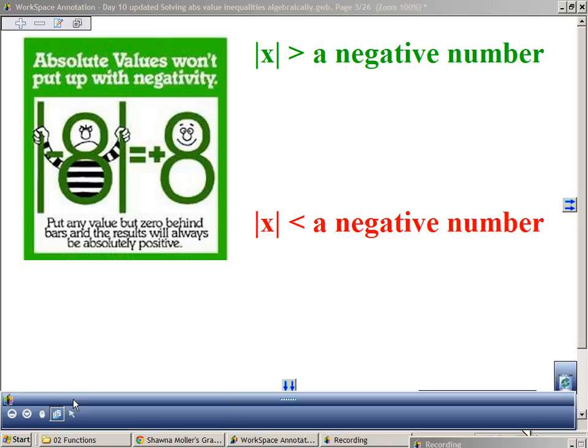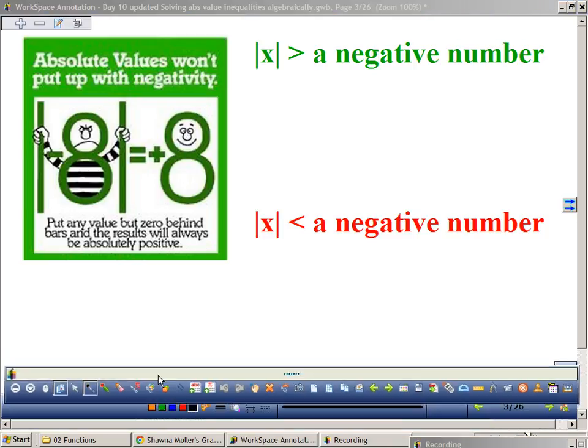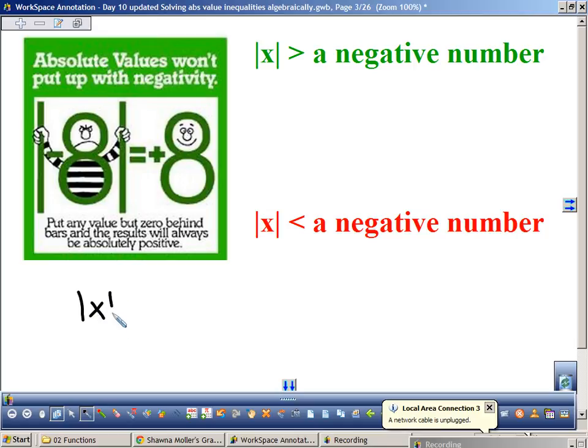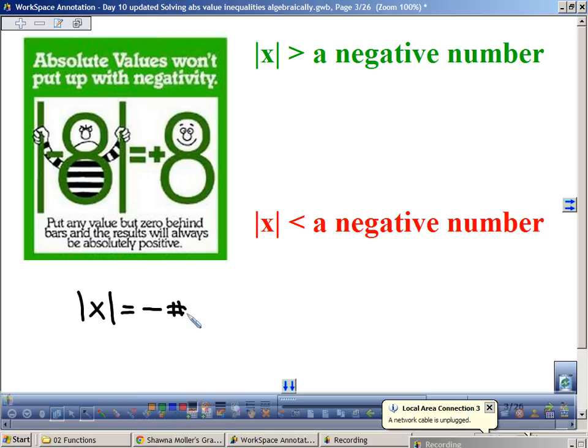Okay, so when we are talking about absolute value, and we isolate our absolute value, and we come up with a negative number, what do we say about that? Yes, Michael. No, you're right. Why is it no solution?